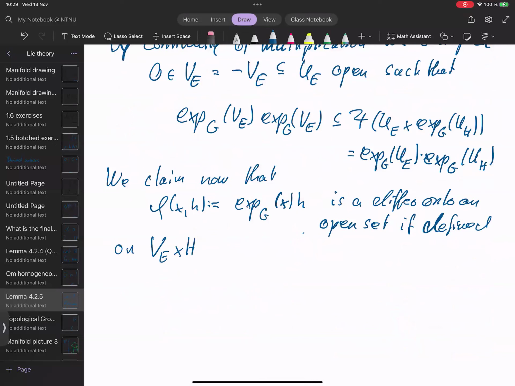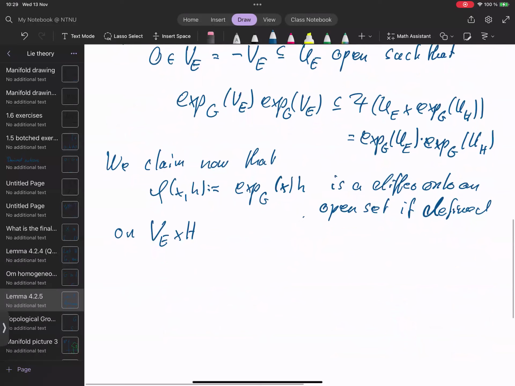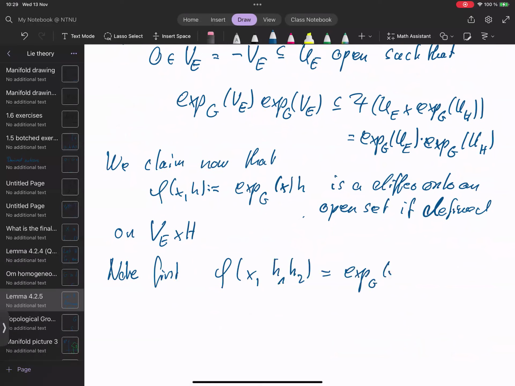Okay, so let's take a look how this works. Let us note first that if I have phi and I apply this to a product of two things, then I get here exp_G(x), but from the right-hand side, I just multiply. So this is right translation of phi of (x, h1).